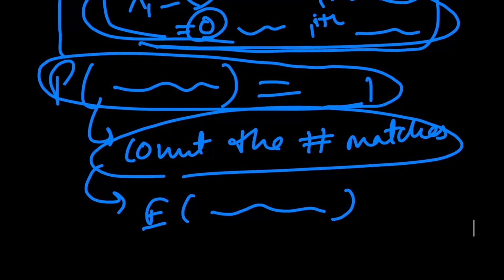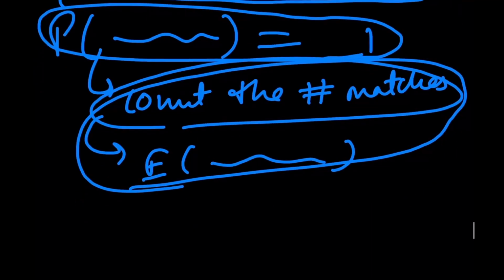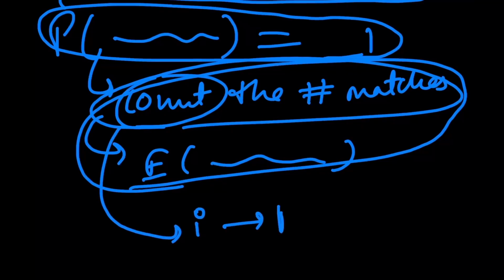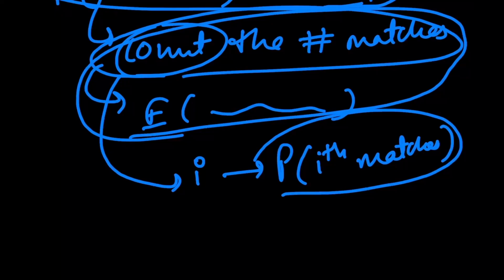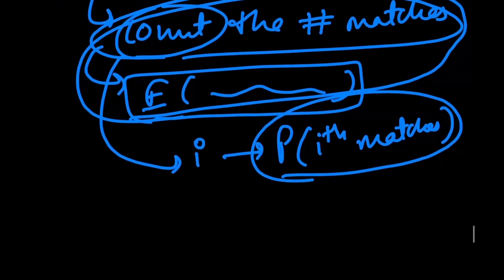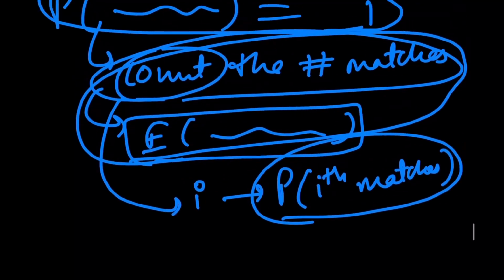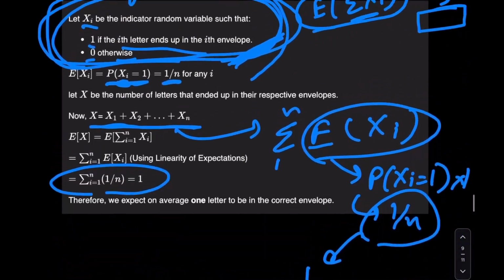So we first focus on the underlying property, and we calculate the probability that the counter is going to increase at each position i, which led us to the probability of the ith guy matching, right? And then to connect the probability of the ith guy matching and the expected number of total matches, we introduced this indicator variable. I hope you guys understood both of these solutions, and thanks for watching.